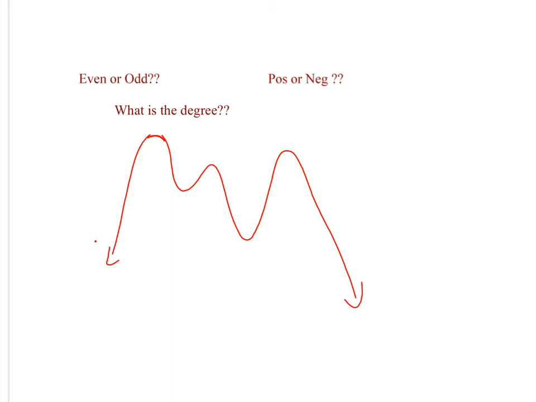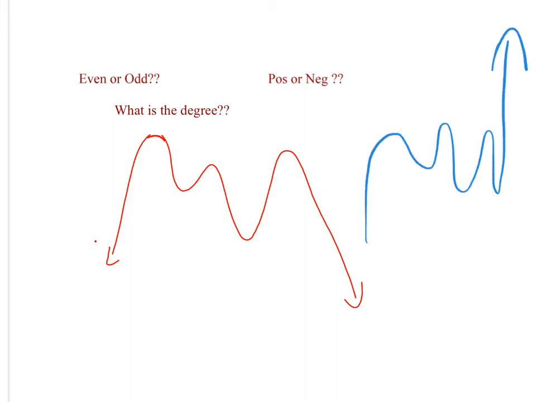If I had a function something like this, we'll do this in blue, and then going up, that would be an odd function because on one side it's going down and on the opposite side it's going up. In other words, its end behaviors are different, so that's an odd function. So this is an even function, and it's also negative because it is going down on both sides.